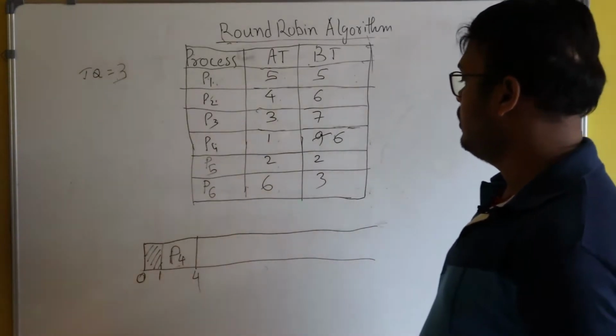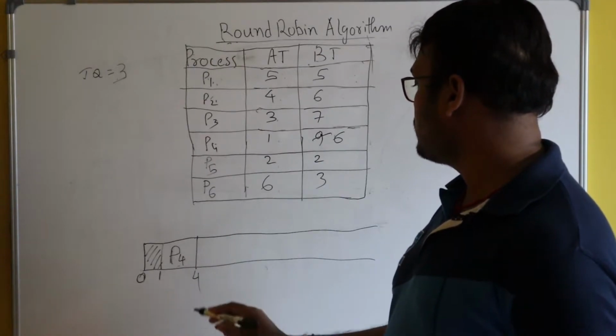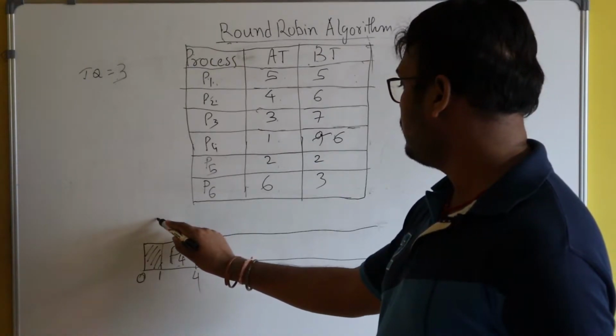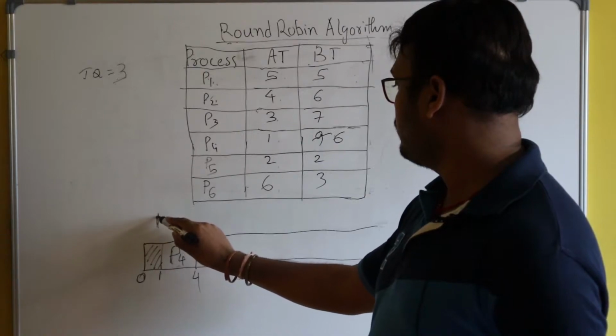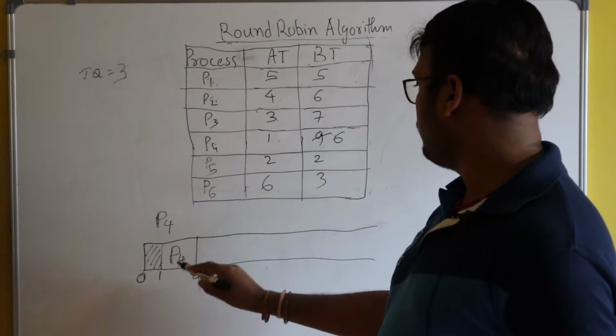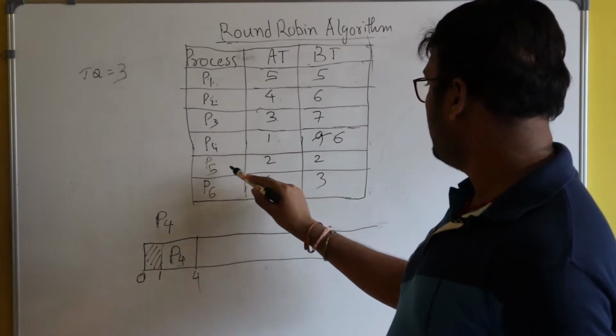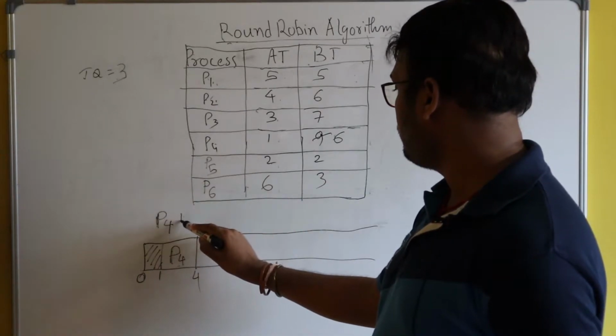Okay. Now you see within these 4 seconds, how many processes have arrived? P4 is already there. And how many processes are there within these 4 seconds? In second 2, P5 came.